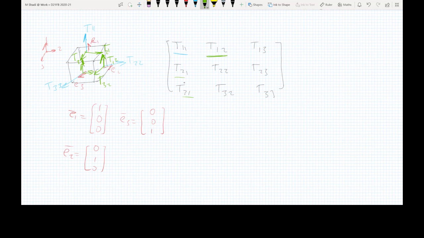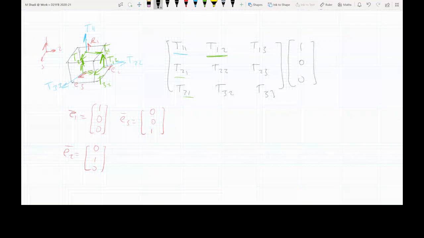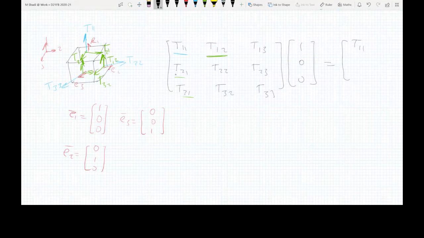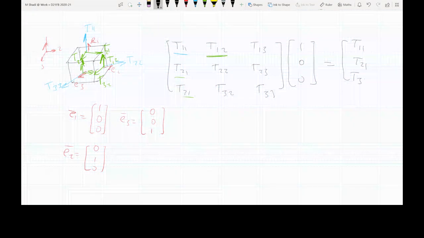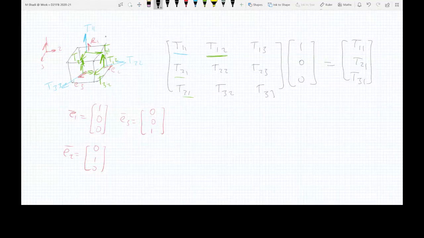So if you multiply with E1, you will only have the values that are active on the plane of E1. So if you multiply this with 1, 0, 0, you will have T11, T21, and T31. So these are the components of the stress that are active on this plane here, the plane that is perpendicular to E1.